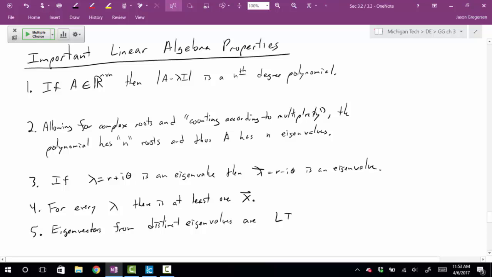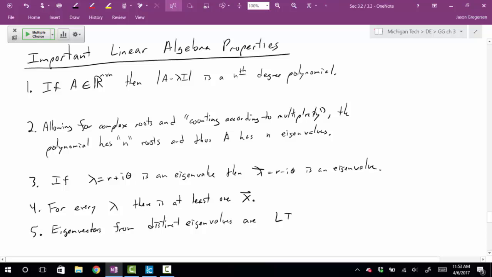So as long as we count the complex roots and we count the number of repeated roots, then we will always have n eigenvalues. Then a quick thing just to state: if we have a complex eigenvalue, r plus i theta, then its complex conjugate is also an eigenvalue. So we don't have to calculate the second one.